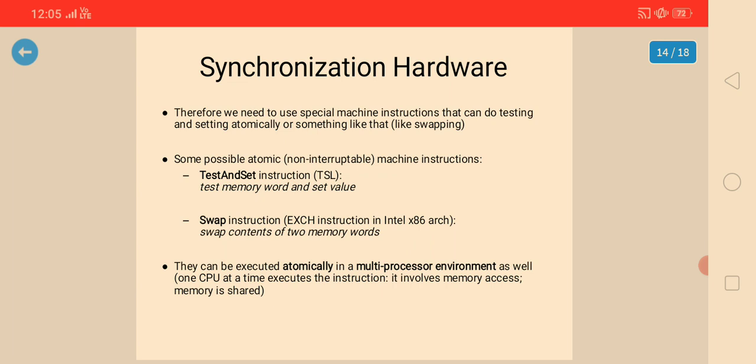These are the operations we are going to use, and with these operations we can build the hardware solution to the critical section problem. Possibly atomic, this is an older version: test and set, a non-interruptible machine instruction, test and set and swap.